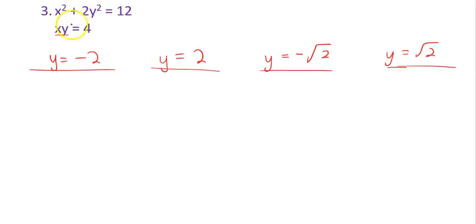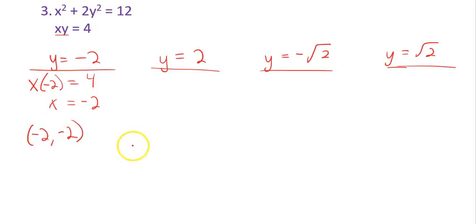I can plug into either one of my original functions. I'm going to plug into this x times y equals 4 because obviously it's a lot less complicated than the top one. So if xy equals 4, then I'm saying here x times negative 2 equals 4. If I divide by negative 2, I get a negative 2. That means one of the points where they cross is negative 2, negative 2.